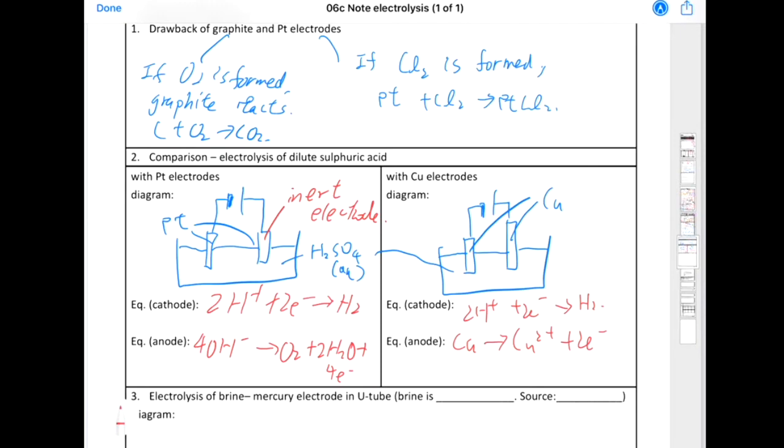So I think you see the effect already. For the nature of the electrode, first of all, it may not be chemically inert. Let's say for graphite and Pt, they react with oxygen and Cl2 respectively, and this leads to other products. Secondly, the electrode itself can be one of the OA and RA, and it will also alter the product formed.